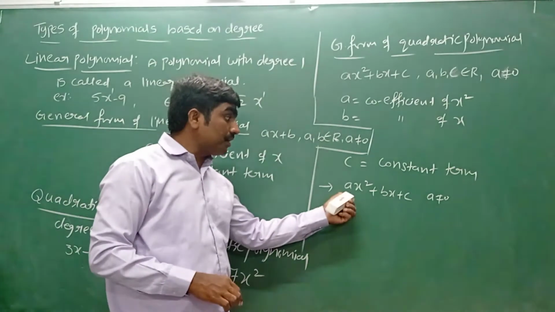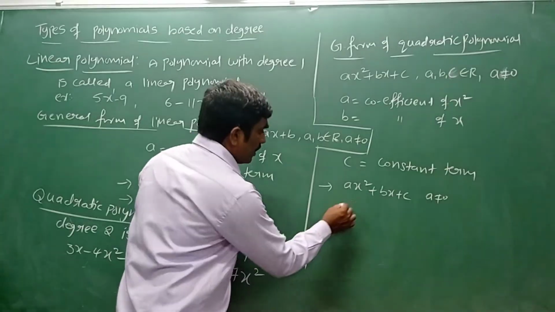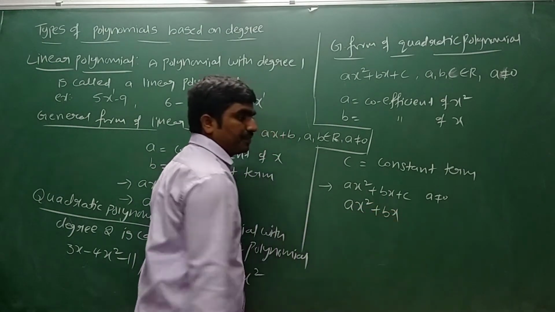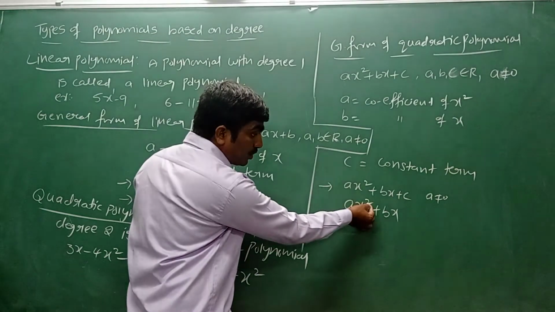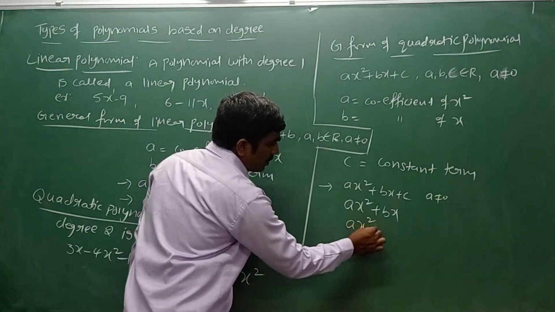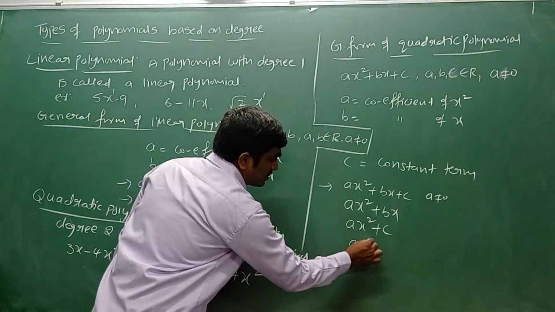A quadratic polynomial may contain 3 terms, like the x power 2 term, x term and constant. It may contain 2 terms also, ax square plus bx. Highest power is 2, degree 2, so it is called a quadratic polynomial. Even we can write the x power 2 term with a constant, or only a single ax square.